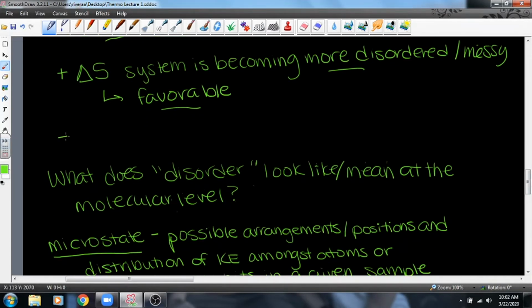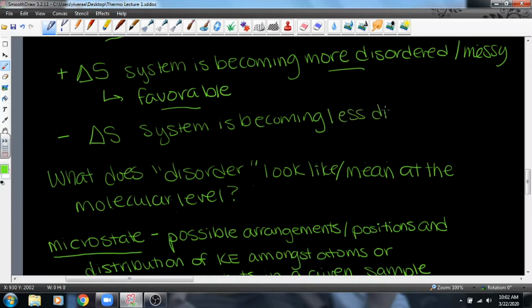If you have a negative delta S, the system is becoming less disordered. I have a hard time with less disordered, so I like to call that more ordered.